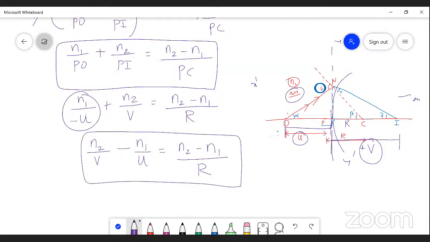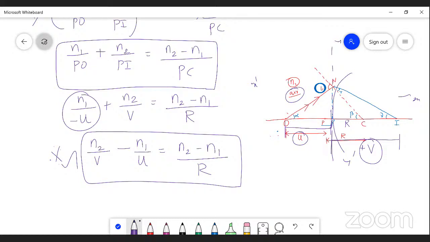This is the equation for refraction at a single spherical surface. It relates refractive indices, object distance, image distance, and radius of curvature. It's a very important equation. N2 divided by V minus N1 divided by U equals N2 minus N1 divided by R.